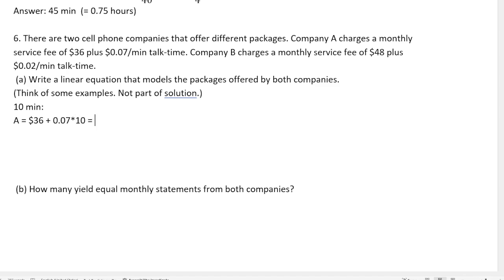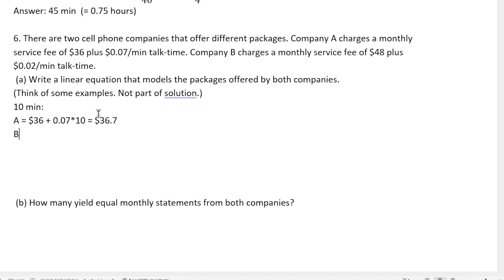So that's going to be $36.7, right? On the other hand, Company B would be charging base fee of 48, but only 2 cents per minute, and you use 10 minutes, so it'll be 20 cents, because every minute is 2 cents. If you use 10 minutes, that's 20 cents, right? So it's going to be 48.2.